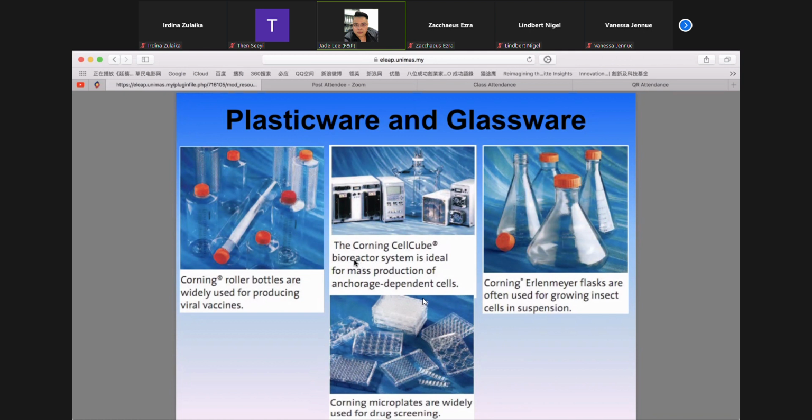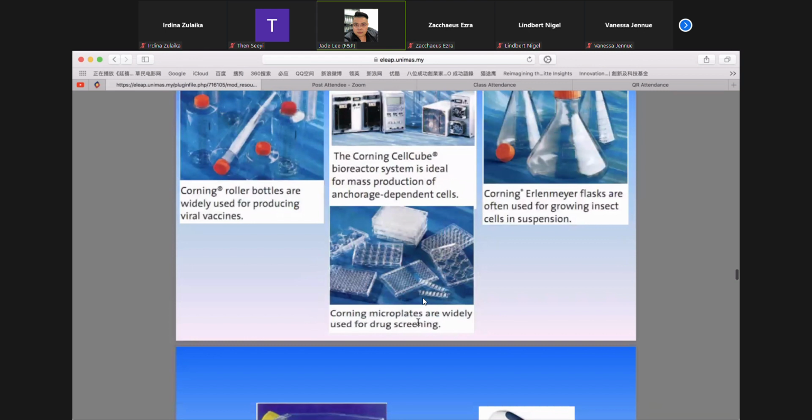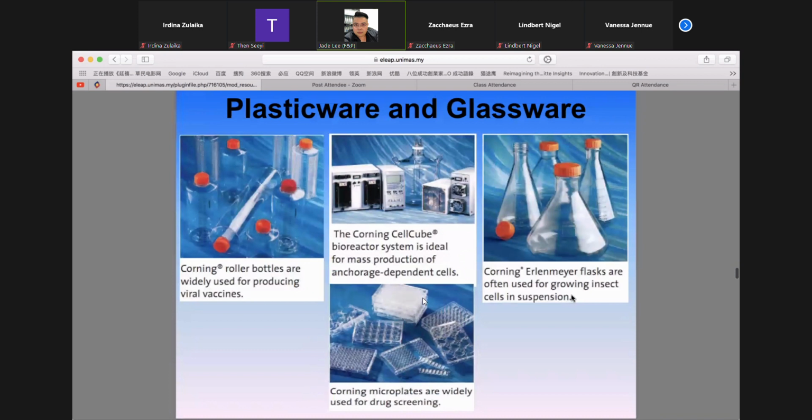And the bioreactor system is ideal for the mass production of anchorage dependent cells. The Corning microplates are widely used for drug screening. And the Corning Erlenmeyer flasks are often good for growing insect cells or suspension. Not only insect cells, you can grow other cells which are anchorage independent. Okay.